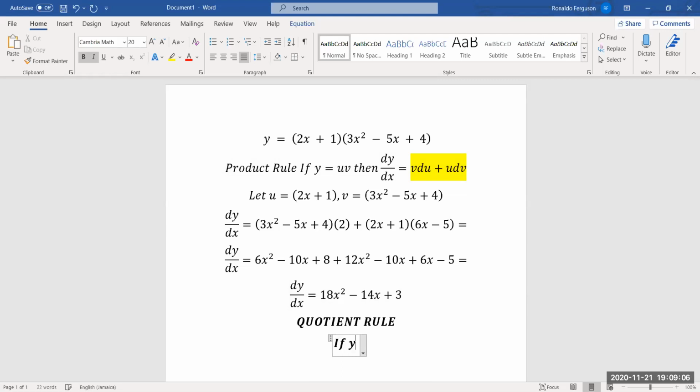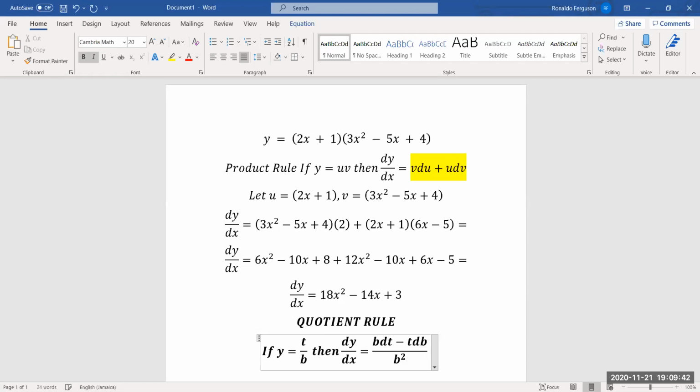If y is equal to, I like to call it t over b, meaning if y is equal to top over bottom, then dy by dx is equal to, this might sound funny, but this is how I used to remember it. You start with the bottom times the differential of the top, minus the top times the differential of the bottom, over the bottom squared.